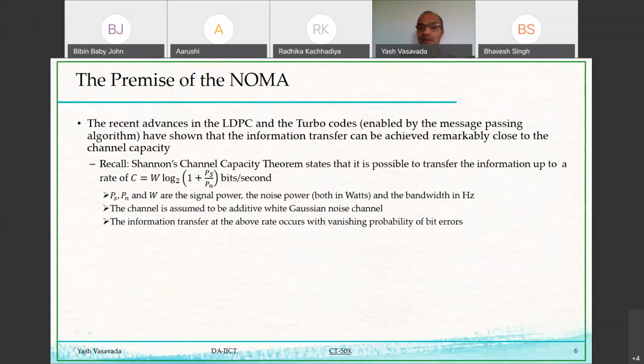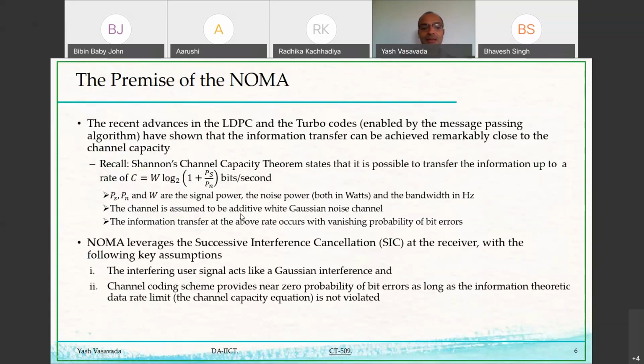Why is this important? Well, it is important because if I can say that my data transmission has happened error-free, then I can apply SIC in a very effective manner.